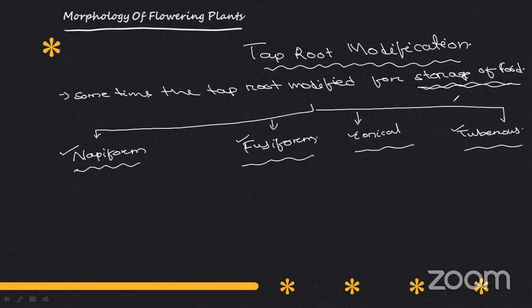The napiform modification is found in case of your beet. Beet means, in your slide we are using the beet.